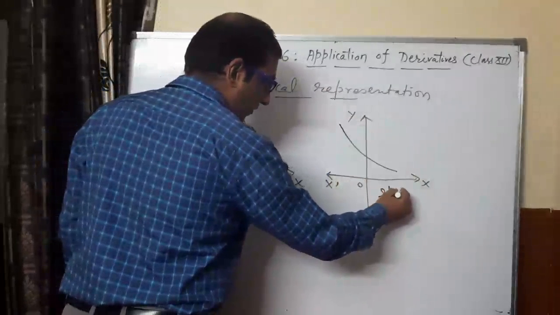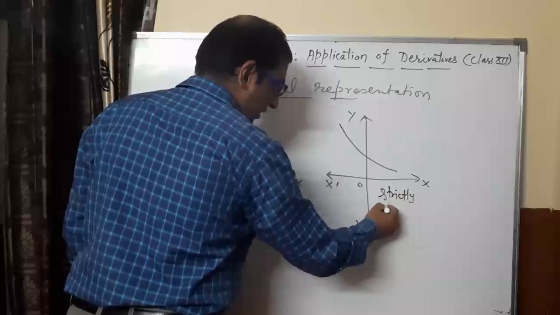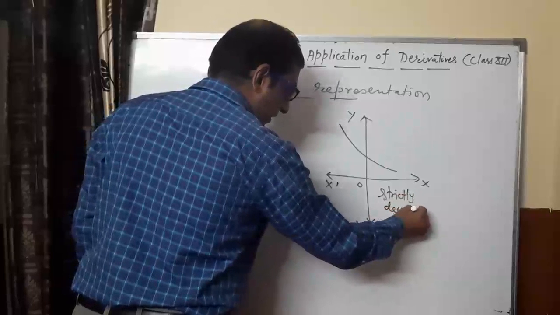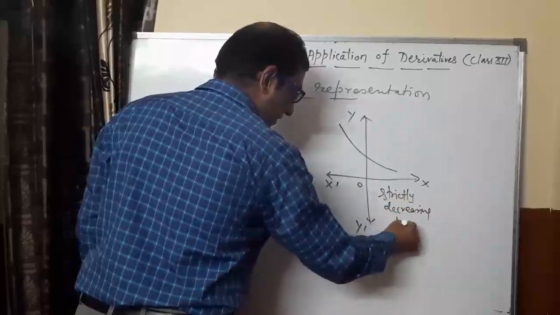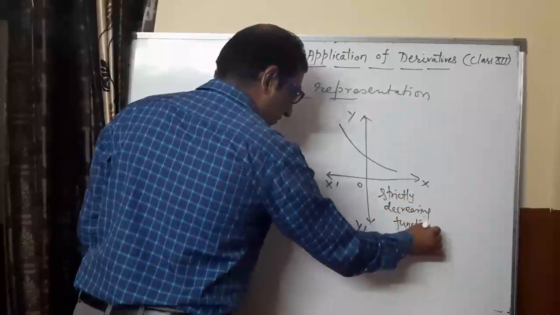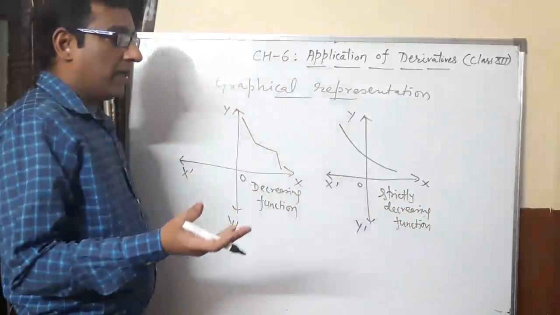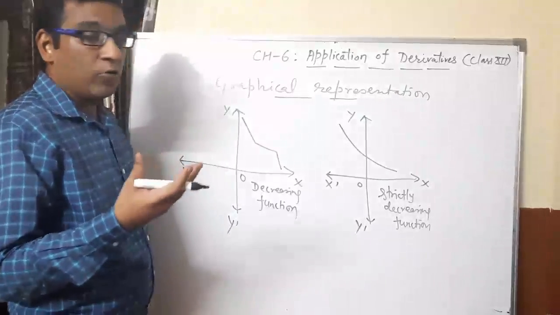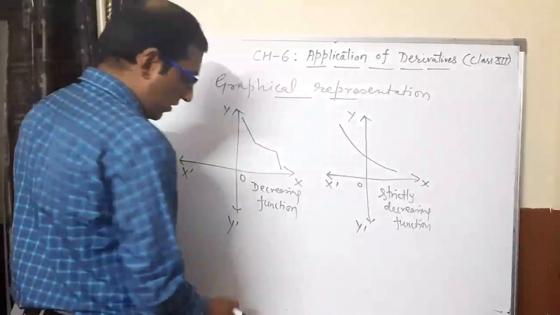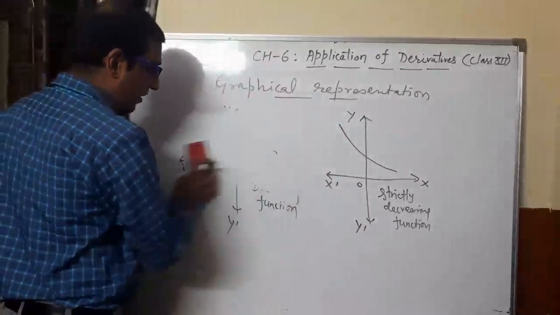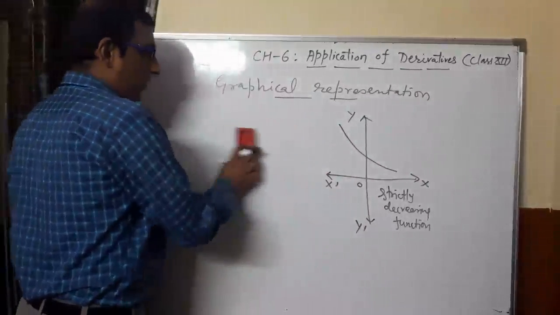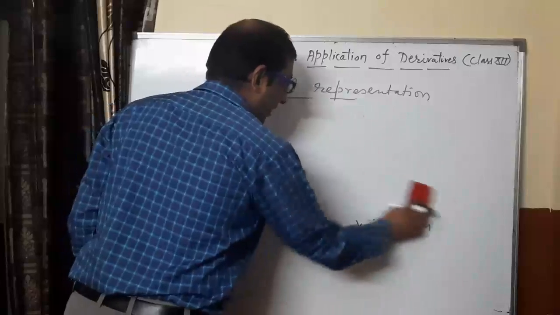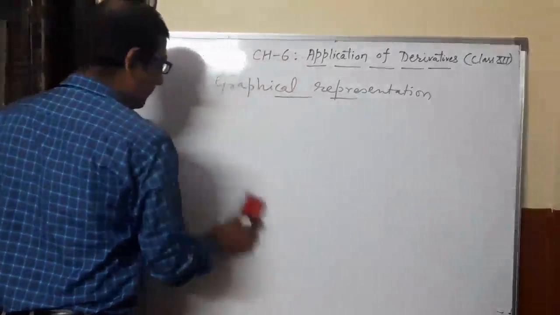So this is the graph related with strictly decreasing function. So when can we say that the function is neither increasing nor decreasing, and what does its graph look like? How can we draw the graph of a function which is neither increasing nor decreasing?